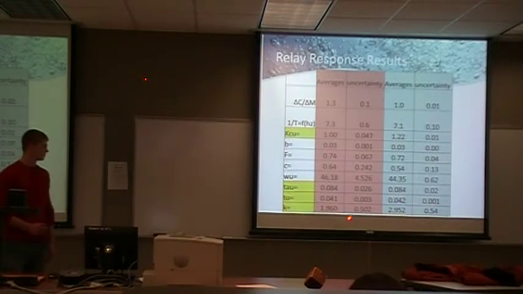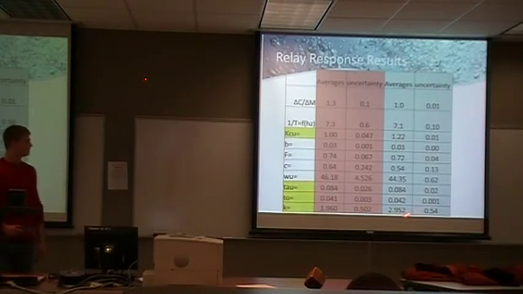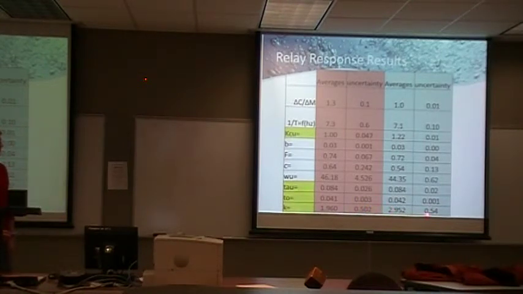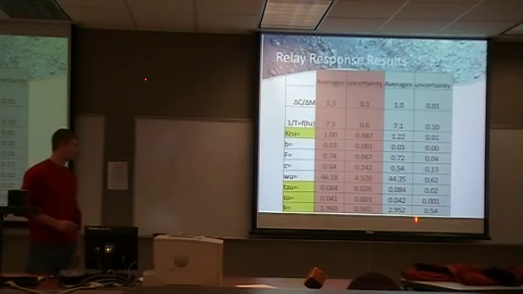Again, the uncertainty is very low in here. K value is 1.96, with an uncertainty of 0.5. His happened to be 2.952, with an uncertainty of 0.54, so it's possible that we might need to go back and check that out some more. But for the time being, that's what we have to work with.